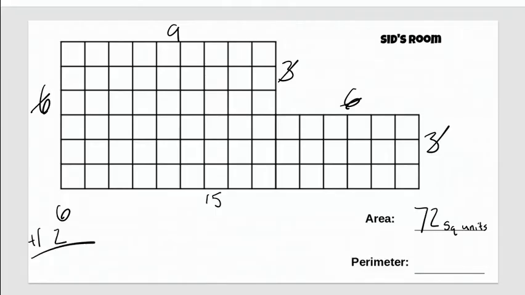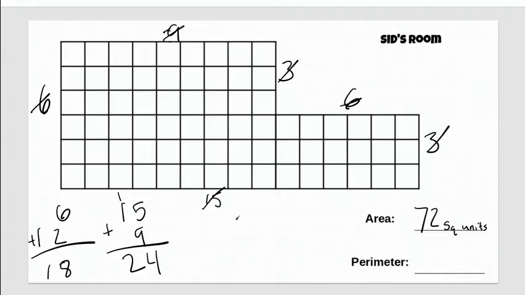So 6 plus 12 equals 18. And that just leaves 9 and 15 left. So 15 plus 9 equals 24.